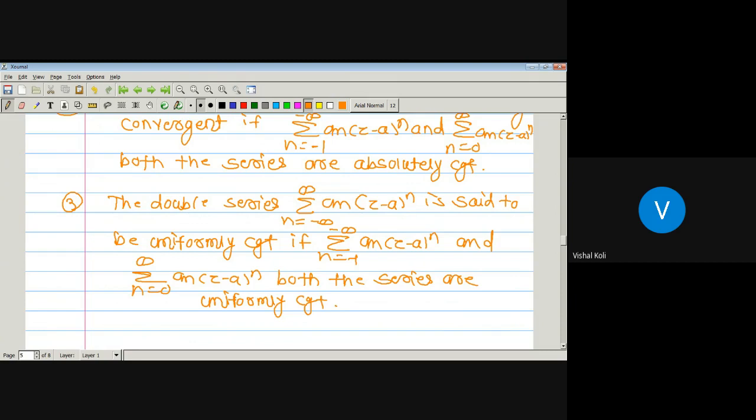Okay, it is the same as absolute convergence. Since any double series is said to be absolutely convergent when both the series are absolutely convergent, similarly, any double series is said to be uniformly convergent if both these series are uniformly convergent, then the corresponding double series is also uniformly convergent.